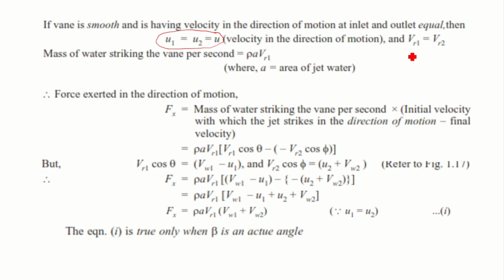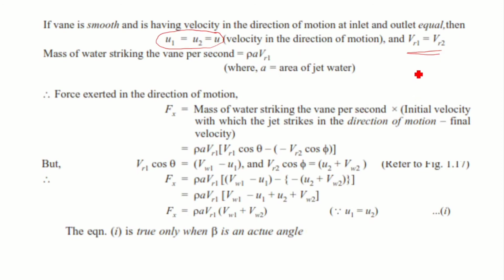Also, since the vane is smooth, the magnitude of relative velocity at inlet and outlet is also the same.